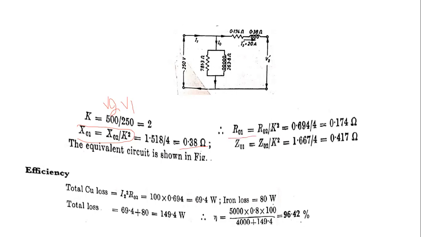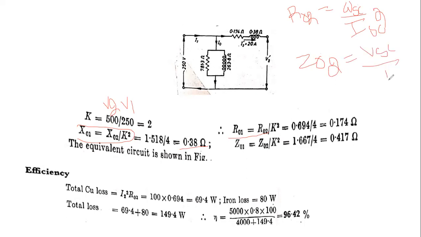After that we calculate the R01. R02 is also calculated. What is the formula for R02? That is WSC by ISC square, calculated in the previous slide. And we already calculated the Z02 also, that is VSC by ISC.